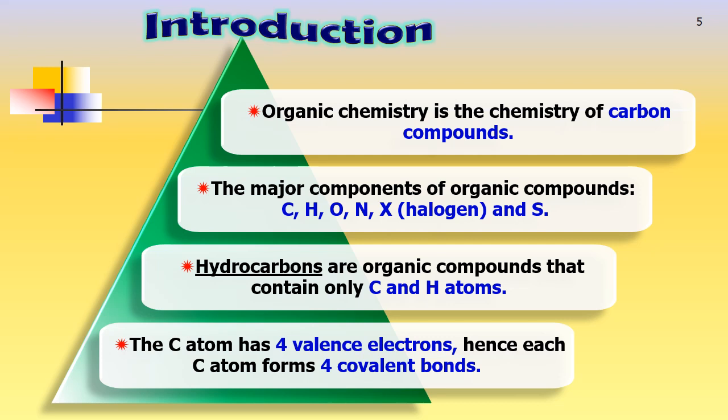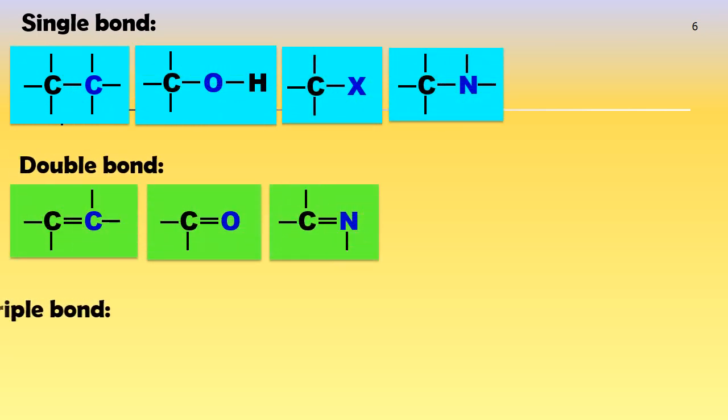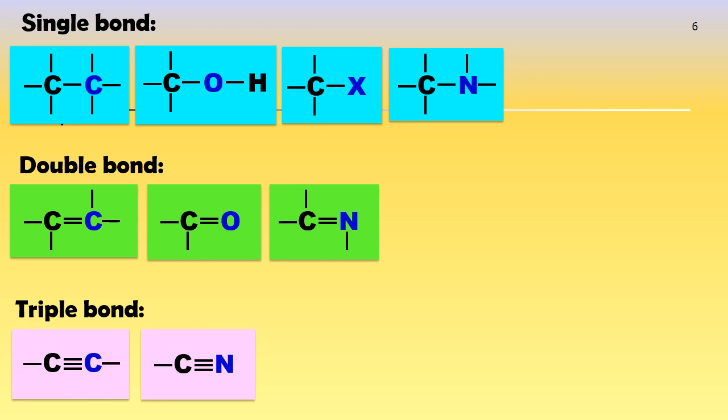Since carbon has 4 valence electrons, each carbon may form 4 covalent bonds. The covalent bonds around an atom in an organic compound may exist in the form of single bond, double bond, or triple bond.